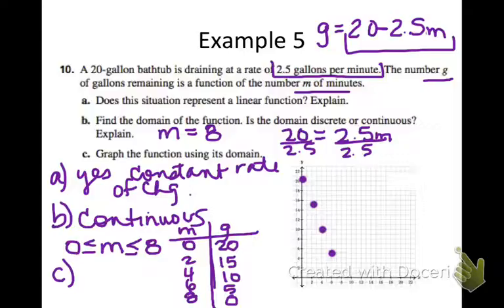And 8 is 0. And again, if we were doing this with a pencil and paper and a straight edge, it would make it a lot neater so that you could see that it is a straight line. Okay, and these are not distinct, so we would definitely want to connect them.